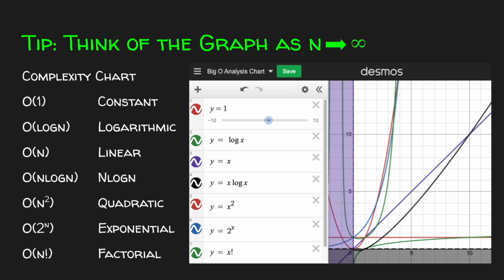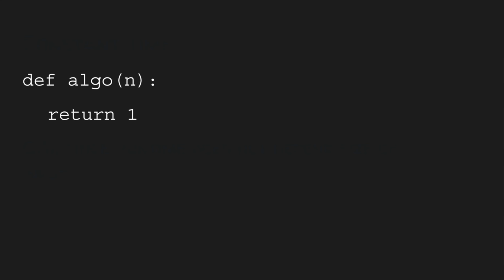Alright, now that we know what Big O analysis is and have some basic rules, let's do some practice problems. Let's say we're given this piece of code. This function takes in an input number n, and then it just immediately returns 1.